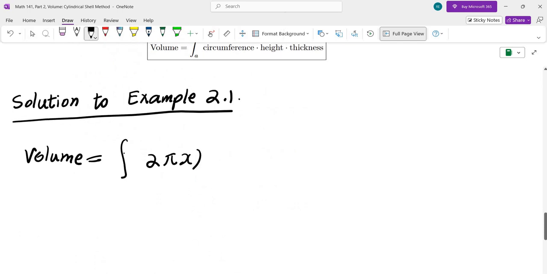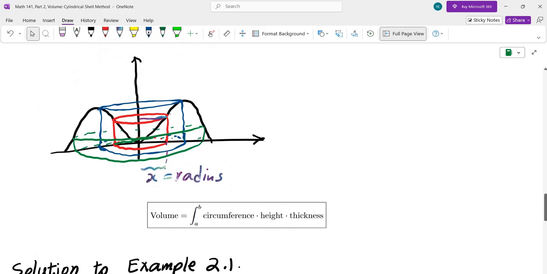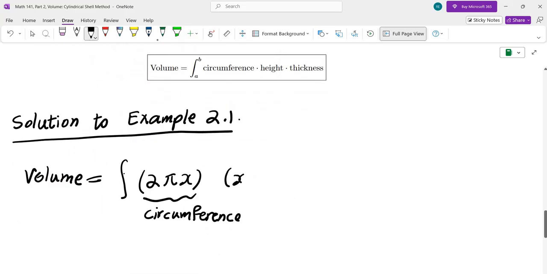So this is circumference multiplied by the height. The height here is the y coordinate. And what is the y coordinate? The y coordinate is given by x squared minus x cubed. So this is the height.